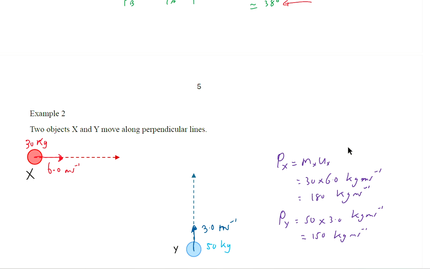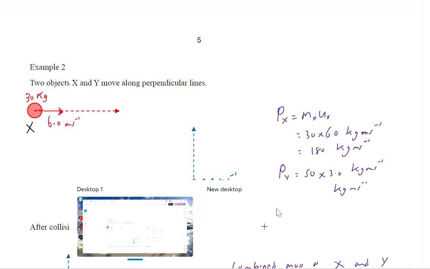Again, the collision is going to be inelastic here. Have two objects, x and y, moving along perpendicular lines as shown here. X is moving to the right here, y is moving upwards. Eventually they collide.